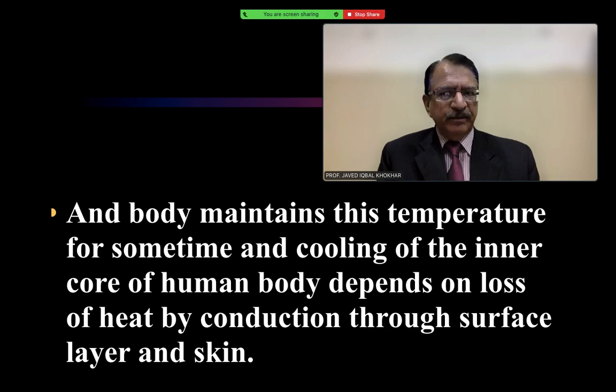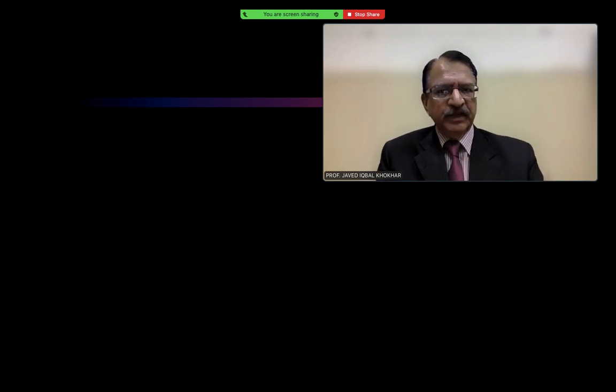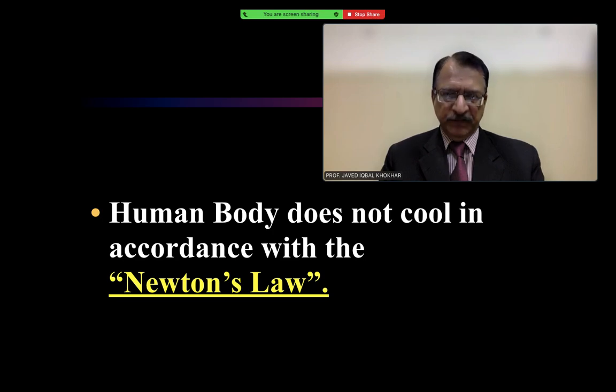The core temperature, or the inside temperature, is maintained because there is no heat loss, and the insulating factors of the body tissue keep the heat inside. So for some time the body will maintain its temperature.